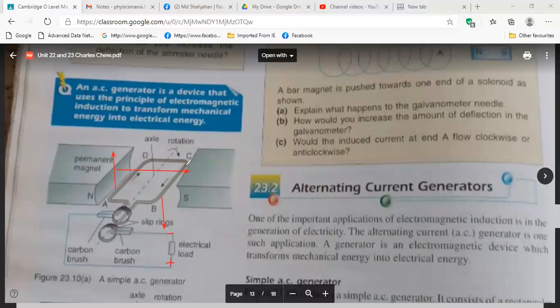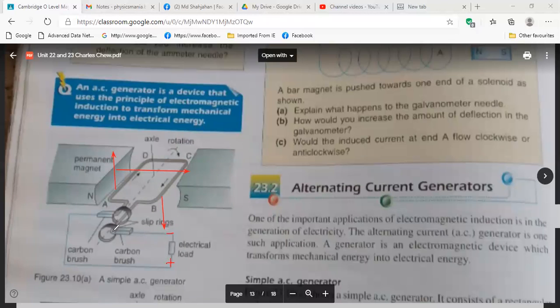So when it rotates, what happens? BC is going to the other side, AD is coming to this side. The magnetic field's effect on them is opposite, right? But their connection with the load is still the same, isn't it?